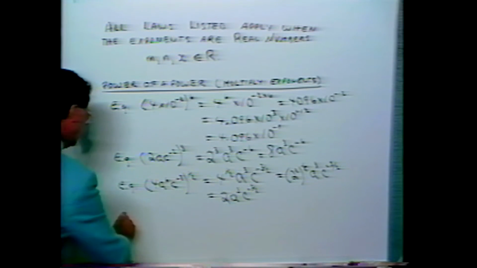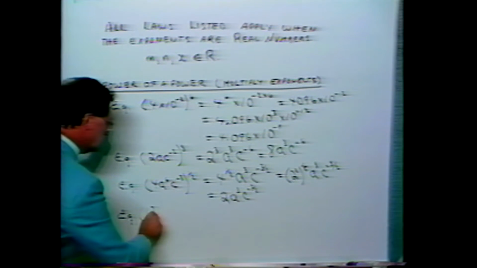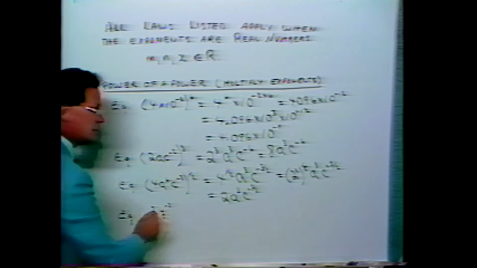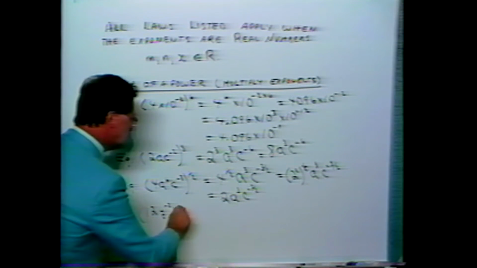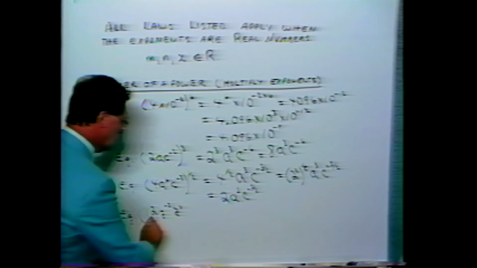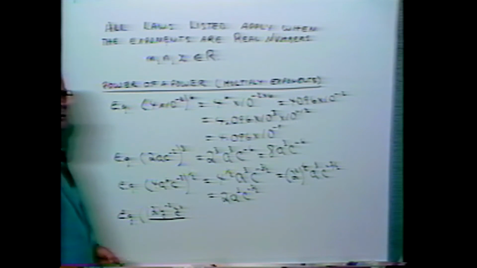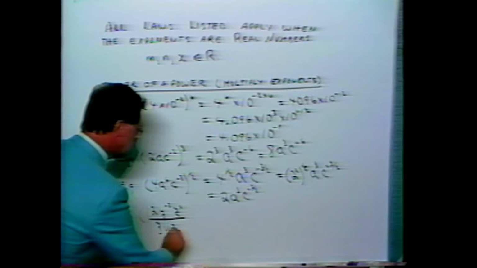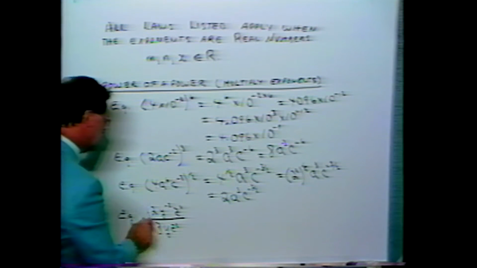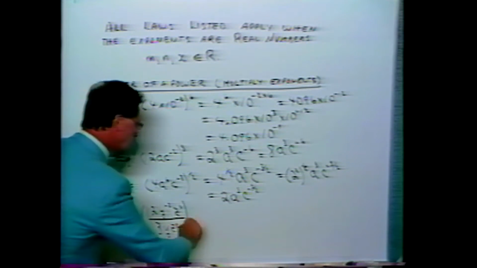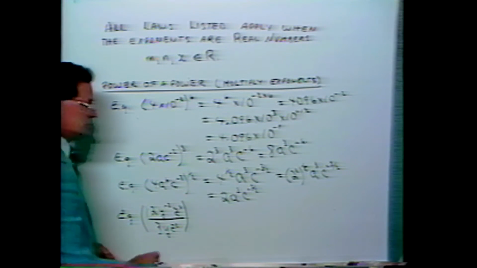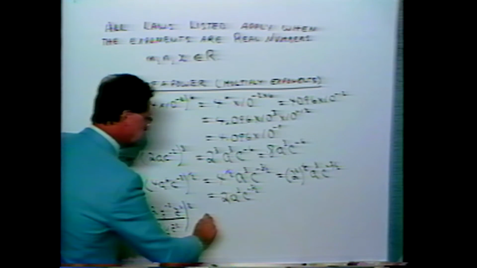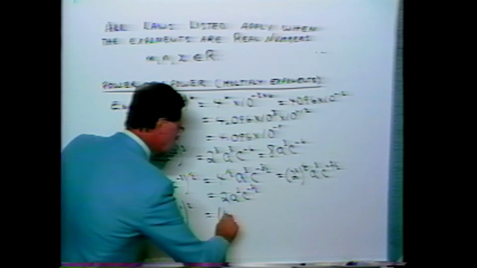Another example, 12 y to the minus 2, z to the fourth, over 3y z squared. I need a larger bracket there. All of this raised to the second. 12 over 3 is 4.